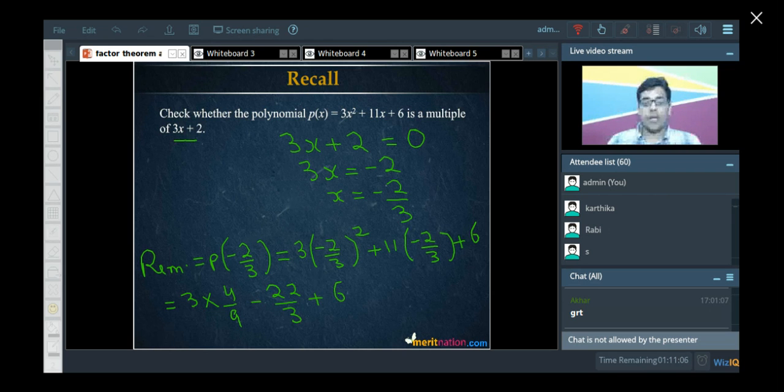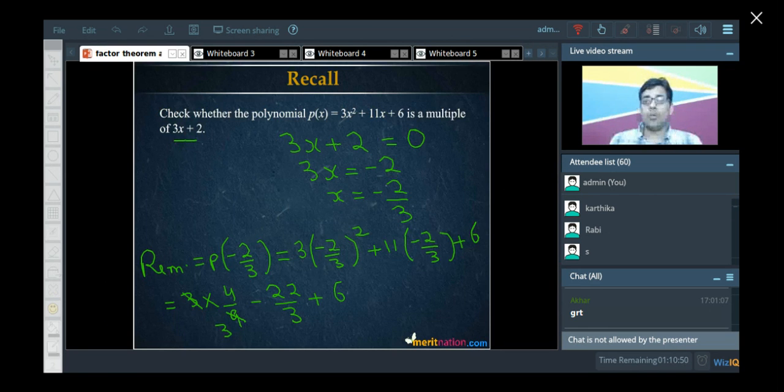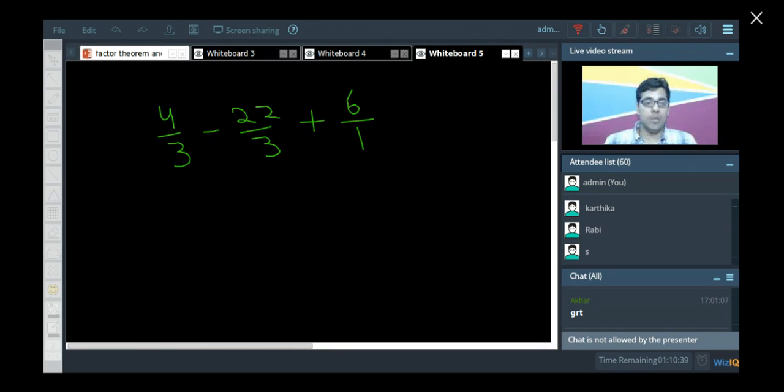Now we can solve this. 3 multiplied by 4 by 9 becomes 4 by 3, and then minus 22 by 3 plus 6. 6 can be written as 6 by 1, a rational number p by q.